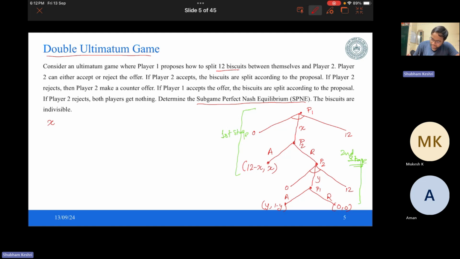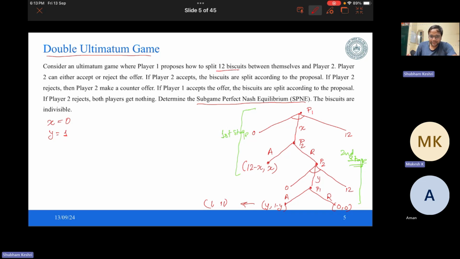So your idea is player 1 will offer x equal to 0 and player 2 will offer y equal to 1. In that case, the outcome of this game will be 1 comma 11. So you are thinking this is the outcome of the game, right? This is how you are thinking it through.